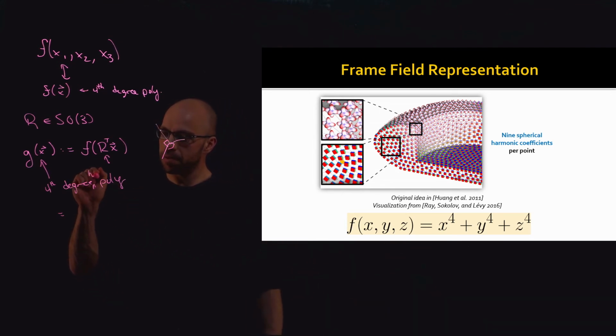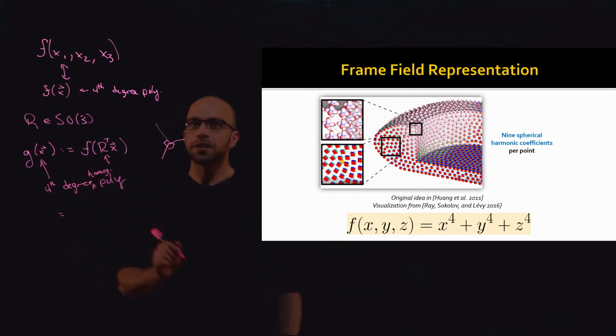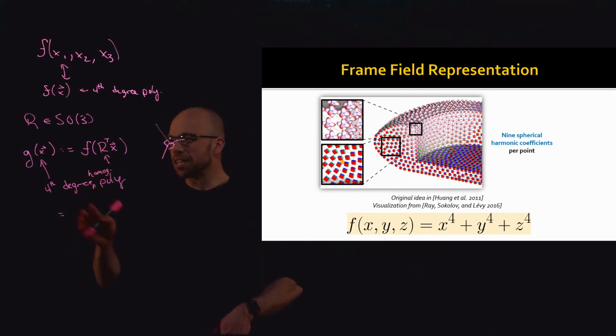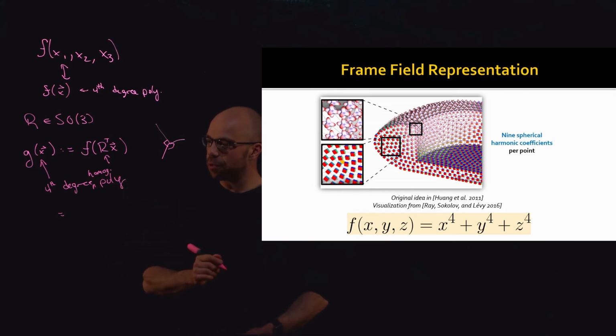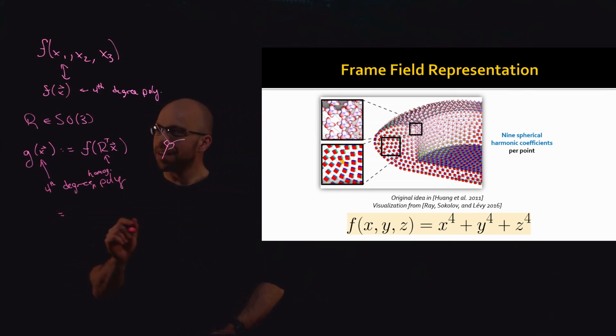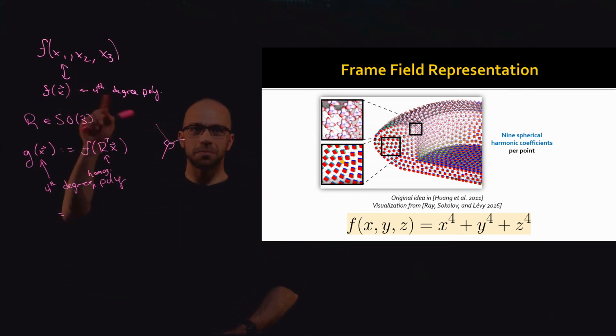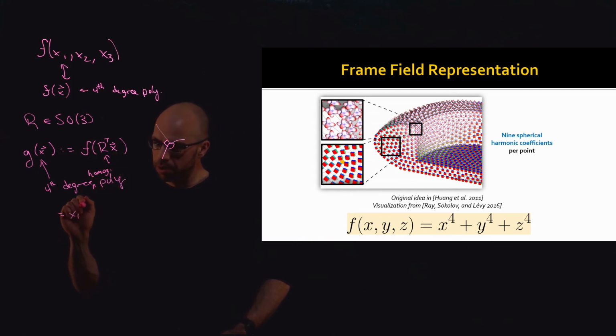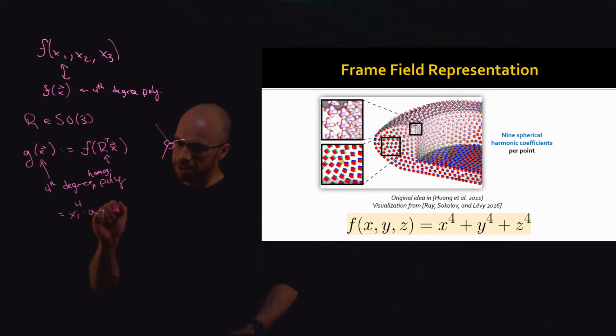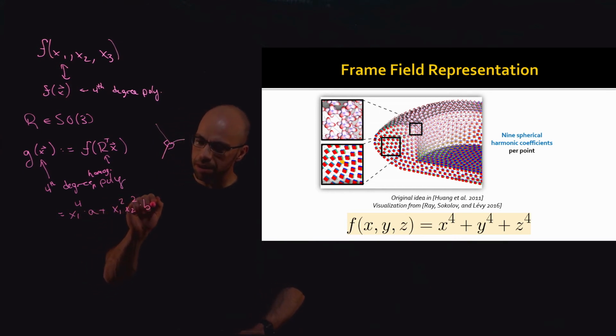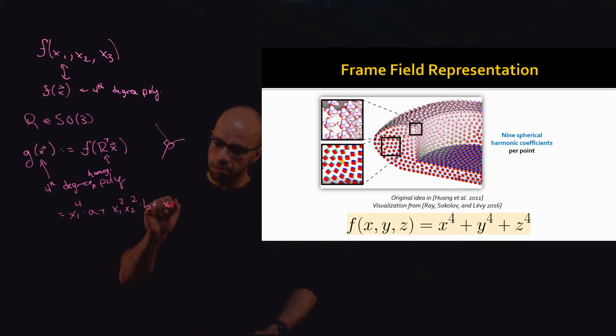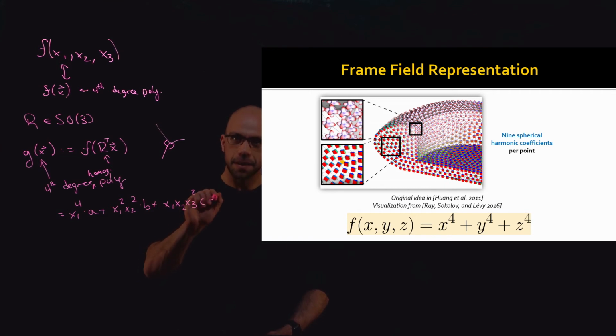So g can be written in some generic form that maybe looks like some term x1 to the 4th times some coefficient a, plus x1 squared x2 squared times b, plus, I don't know, x1 x2 x3 squared times c, and so on.